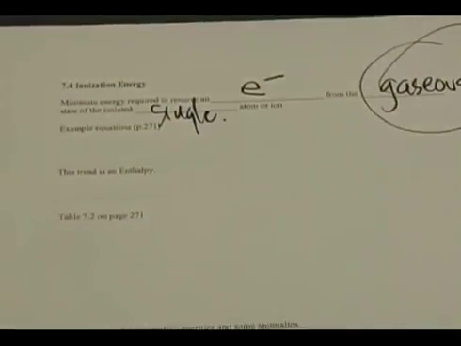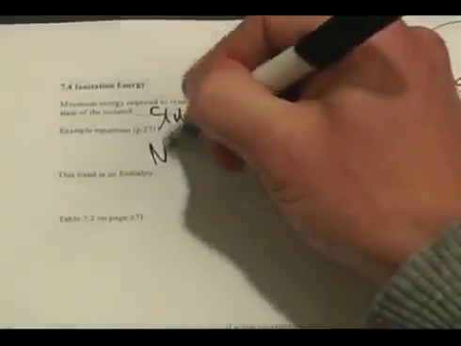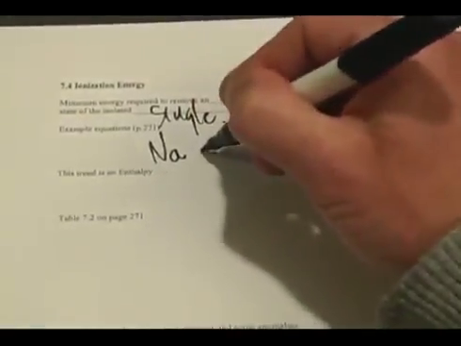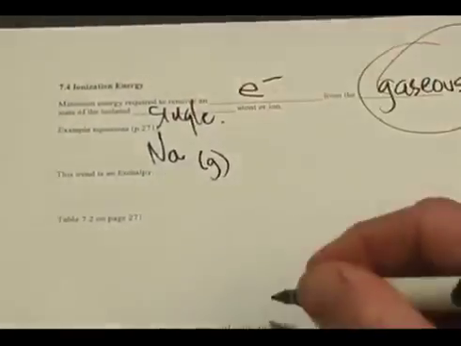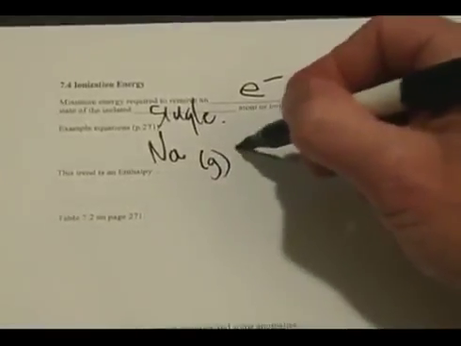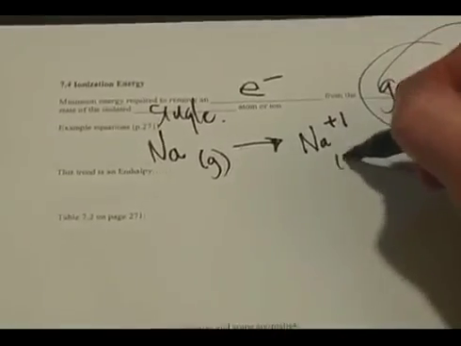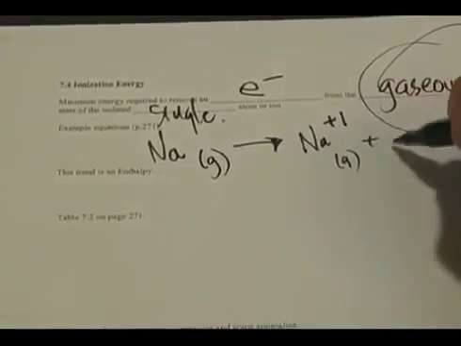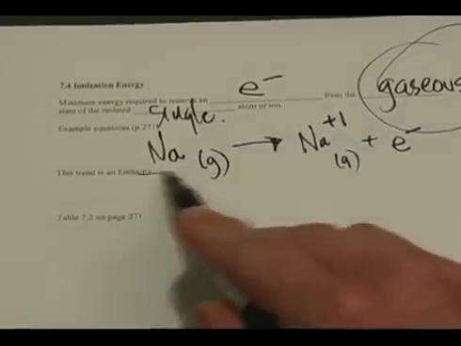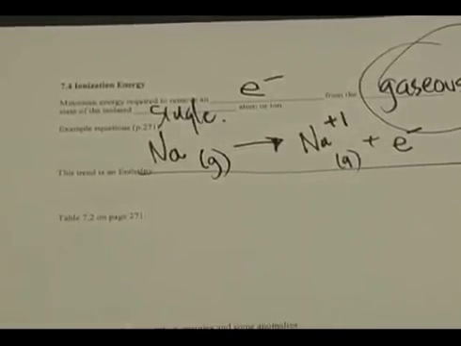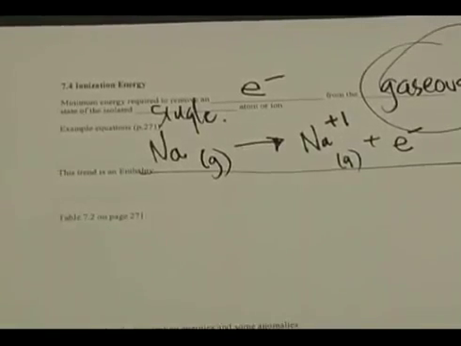An example equation for this would be Na(g) forming Na+(g) and an electron that's lost. This would be an equation showing the ionization of sodium.